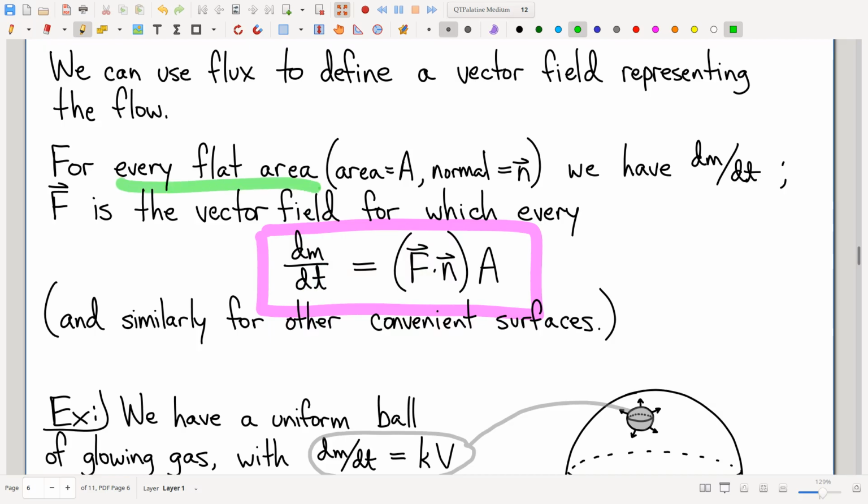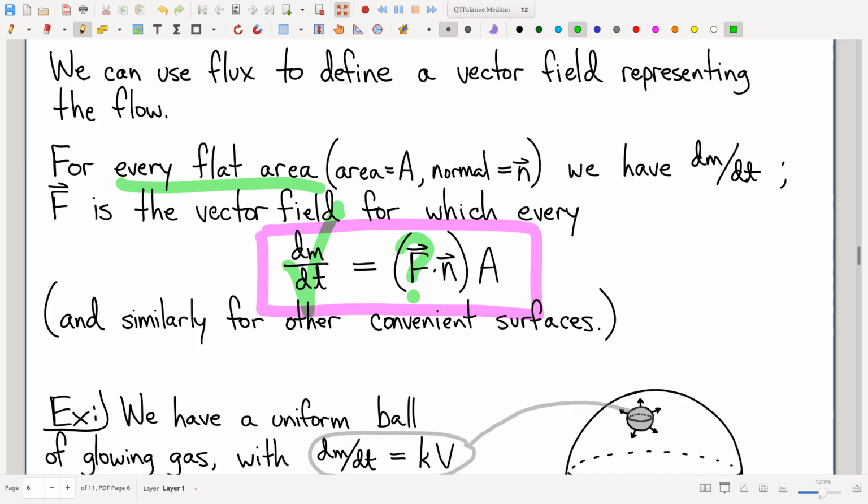for any given flat little piece of area, I can empirically determine the flow rate. You can just measure what the flow rate is. And then I'm going to ask, what vector field, by way of this formula, would have given me that same answer?